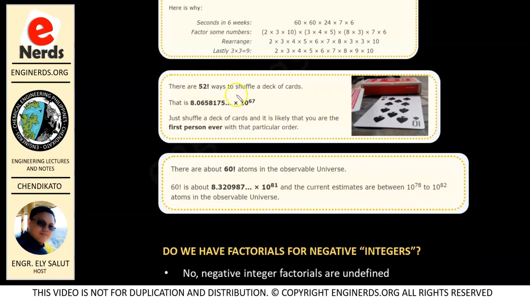And another use of our factorial is one of the favorites na pag-usapan when we are studying statistics. So there are 52 factorial ways to shuffle a deck of cards, and that is about 8.065 times 10 to the 67 ways to shuffle a deck of cards.